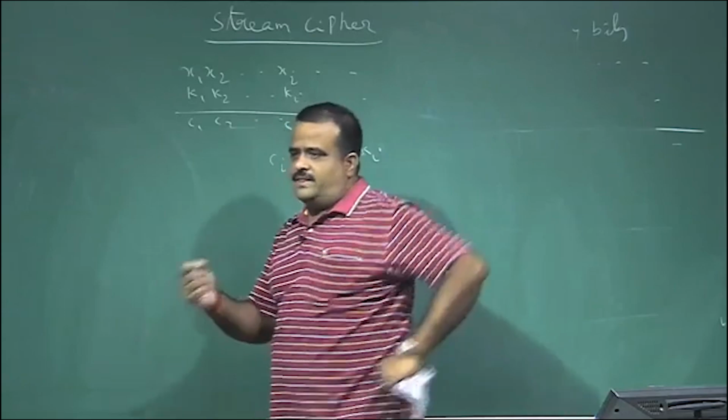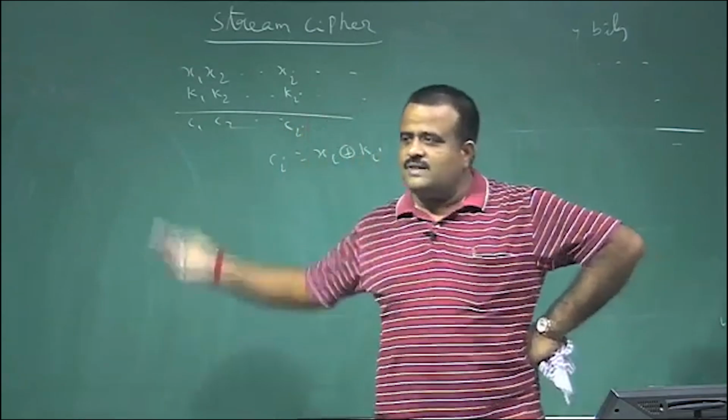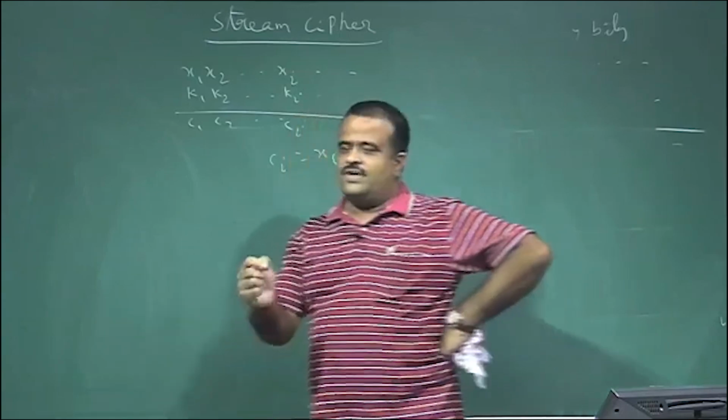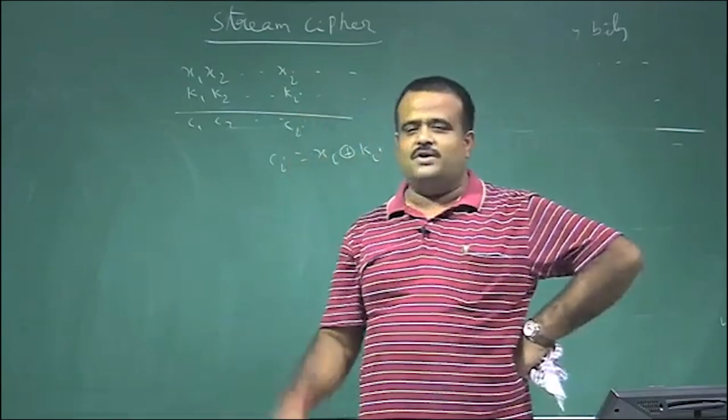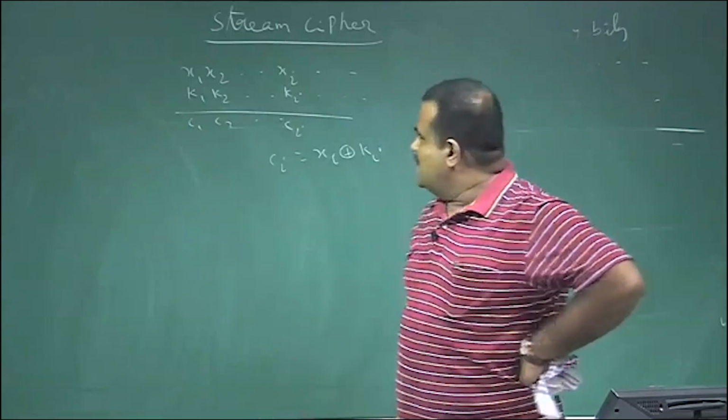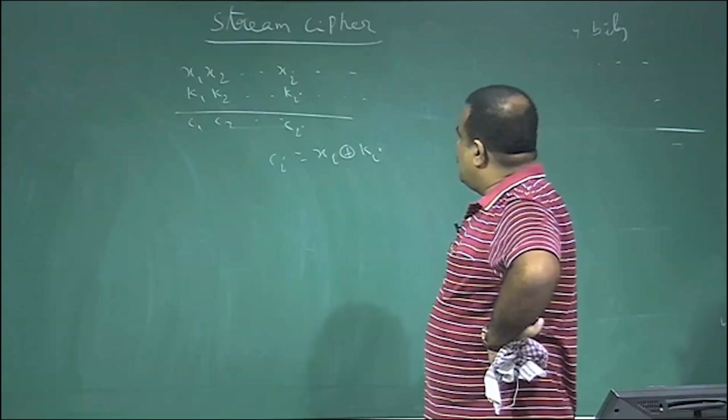Now if you have a coin, then you can generate the key stream bit by tossing the coin. If we get a head, we put it 0, if we get a tail, we put it 1. Just keep on tossing a coin, and we will get a key stream.